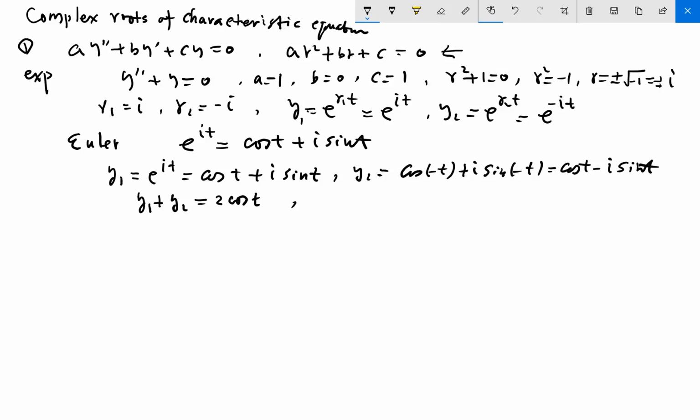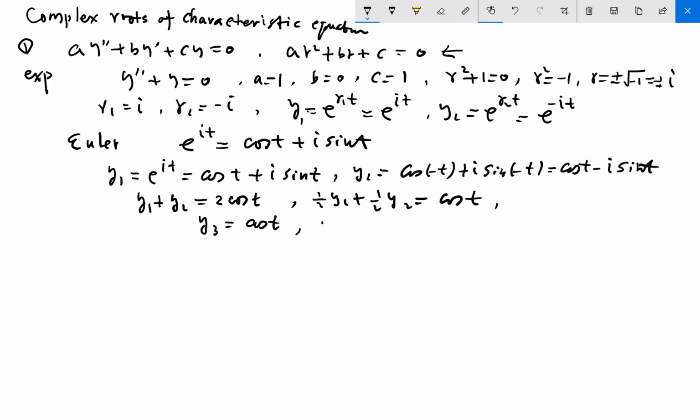If we divide by 2 on both sides, 1/2 y1 plus 1/2 y2 gives you cosine t. Remember, any linear combination of y1 and y2 will still be a solution. We call it y3. Cosine t will be a solution.